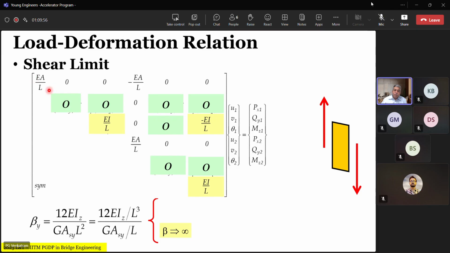And they are sitting on what line? On the diagonal. If you have a zero on the diagonal, it's called an ill-conditioned matrix. And what will it hint at? It will hint at instability, unless you have something else connected which takes care of stiffness here. You will not be able to solve the matrix.